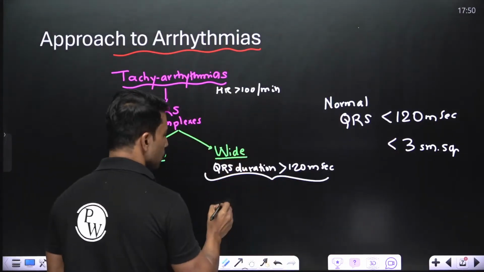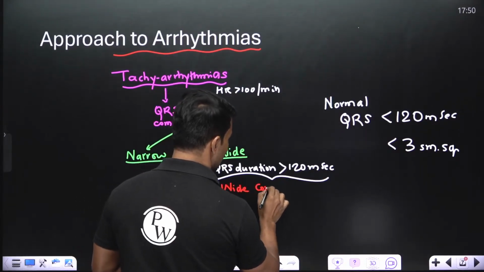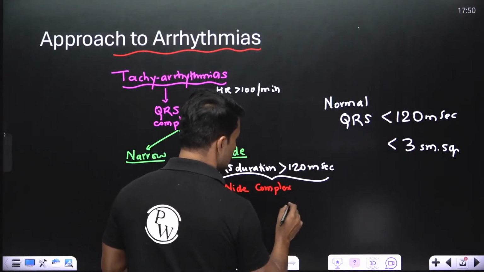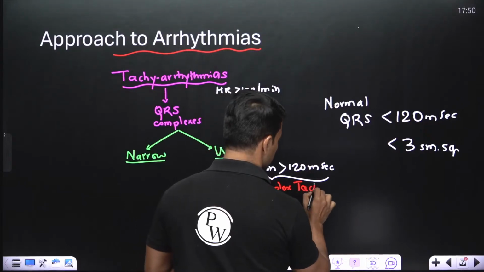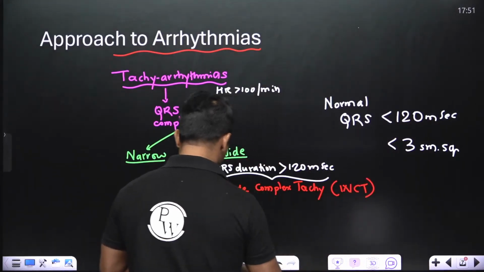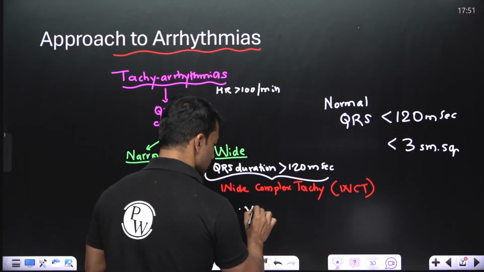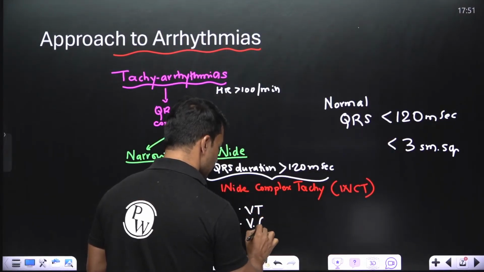Complex here refers to QRS, so we'll call it wide complex tachyarrhythmias or wide complex tachycardias, usually abbreviated as WCT. In such cases, my differential diagnosis is ventricular tachycardia, ventricular fibrillation.